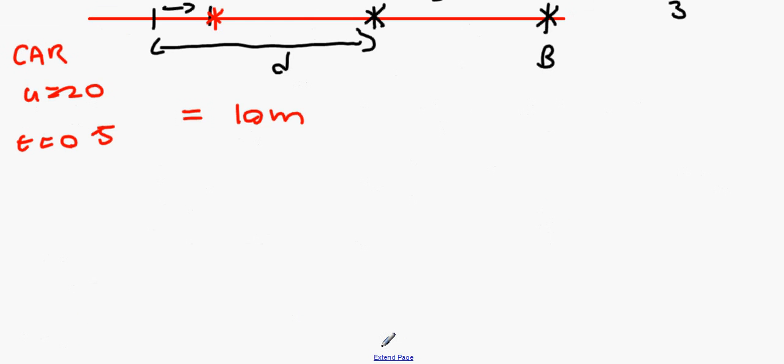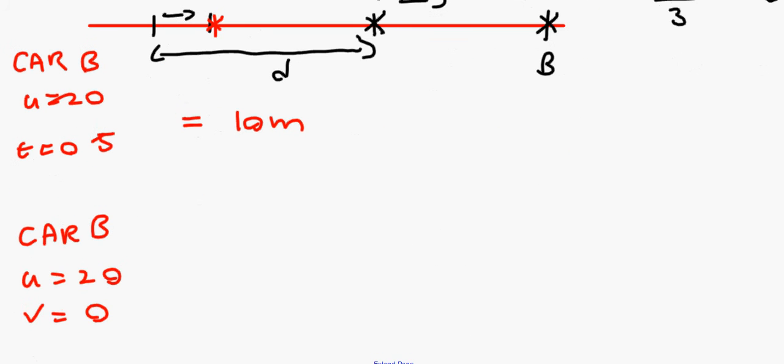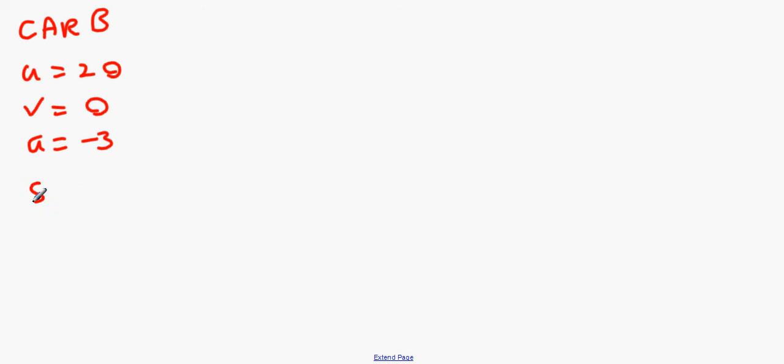Next, car B once it actually has its brakes applied. u is going to be 20, v is going to be 0, because it has to brake all the way. Car B decelerates a lot faster than car A, at minus 3. We don't know what s is and we don't know what t is.